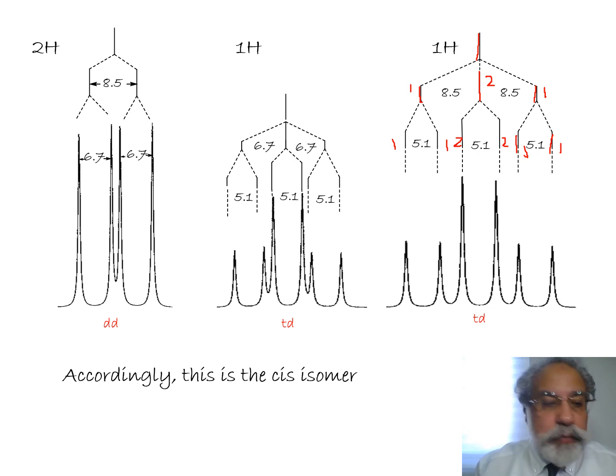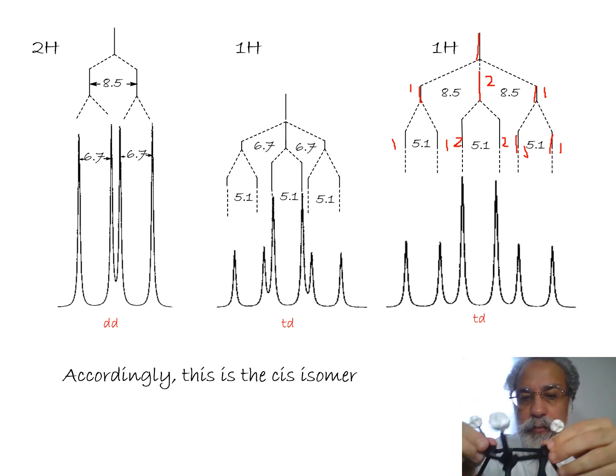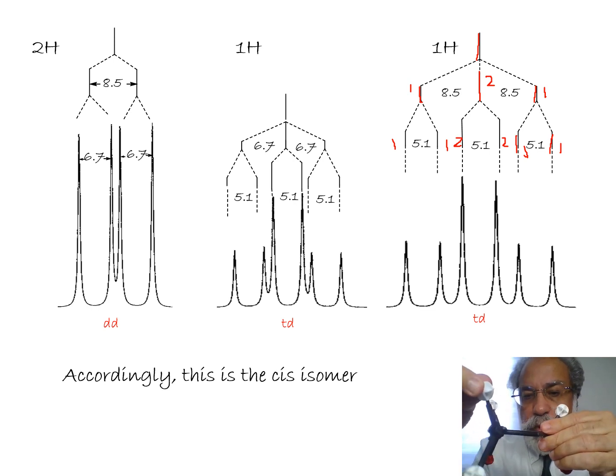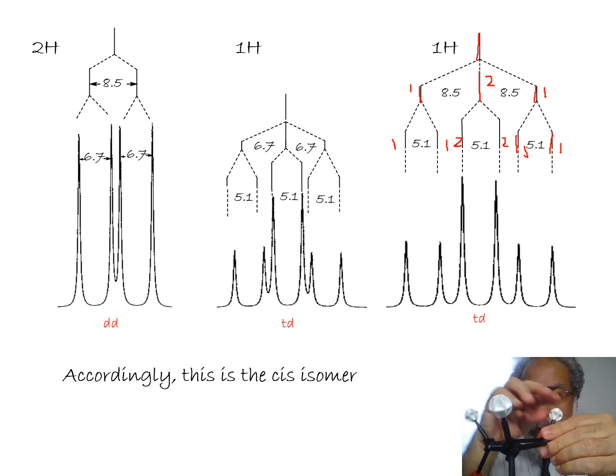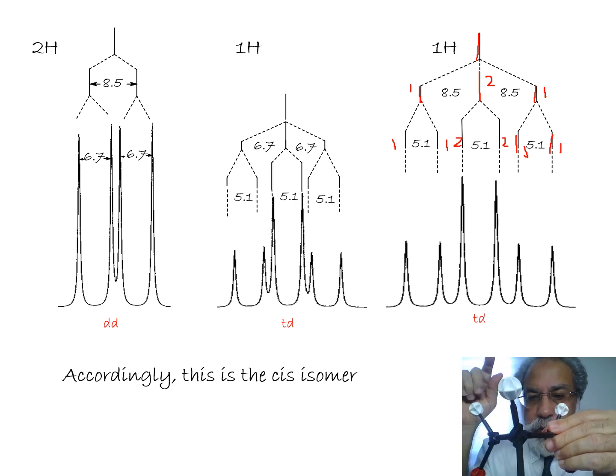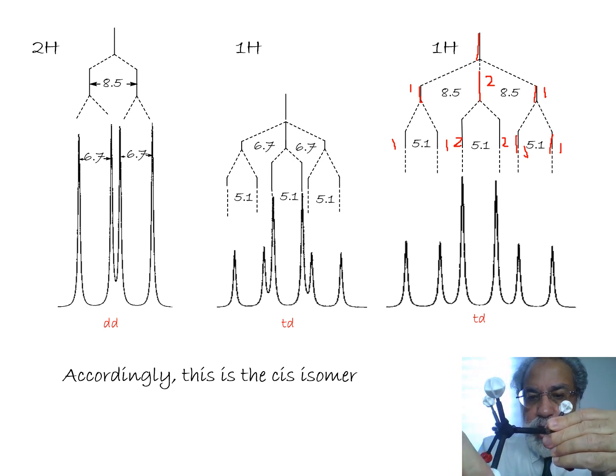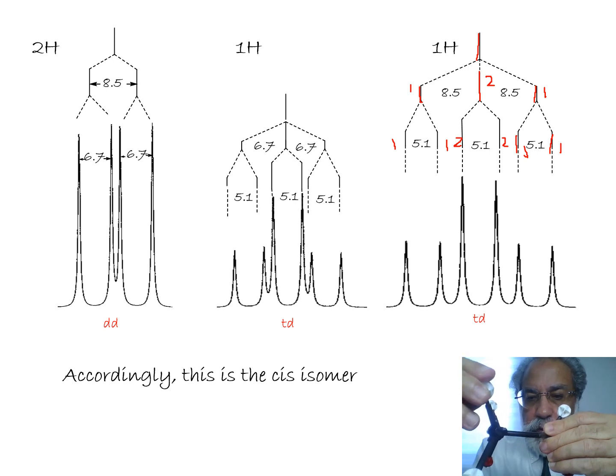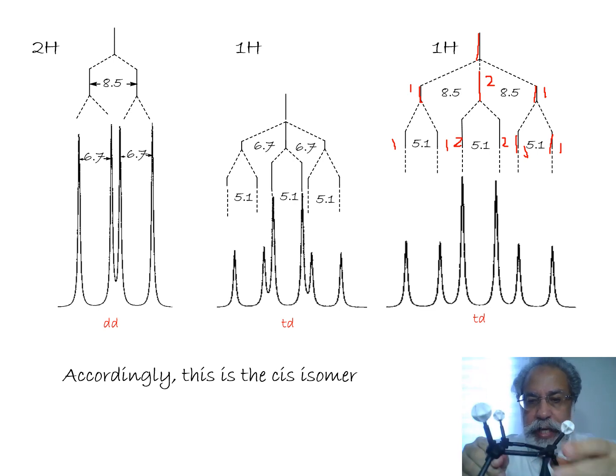The second one, just a minute please. If you consider this proton, it will couple to these two protons equally, so it will form a triplet, and then the geminal hydrogen, J2, this one to that one, forms the doublet again.